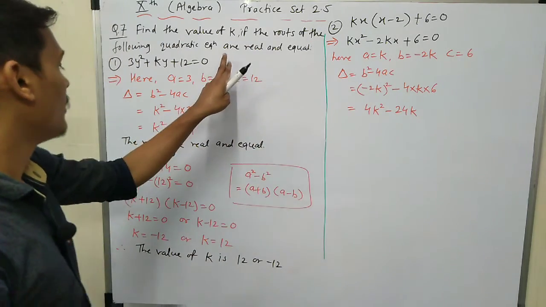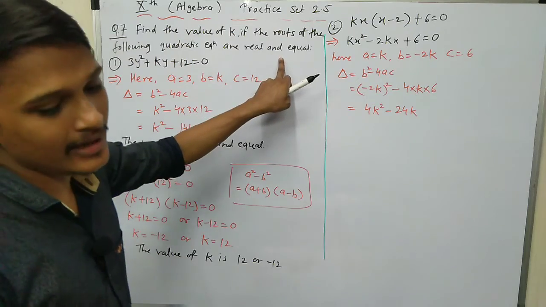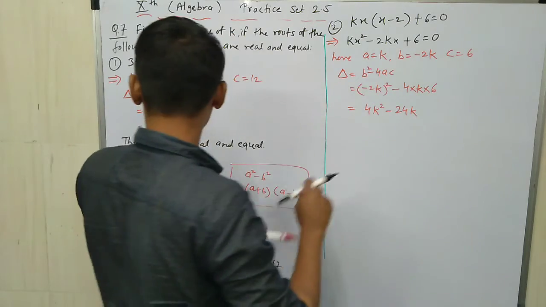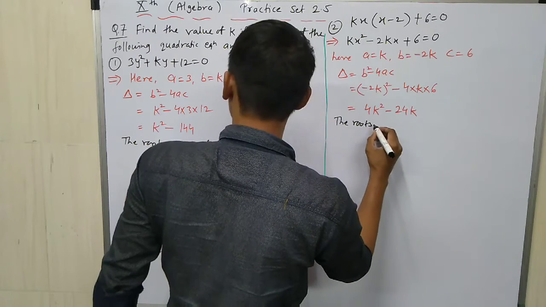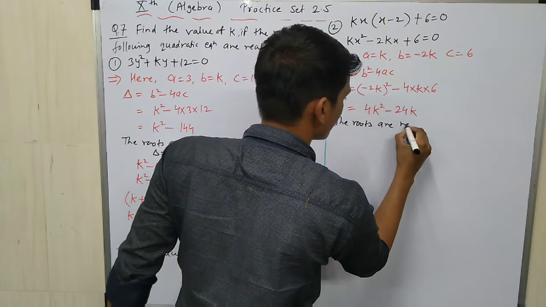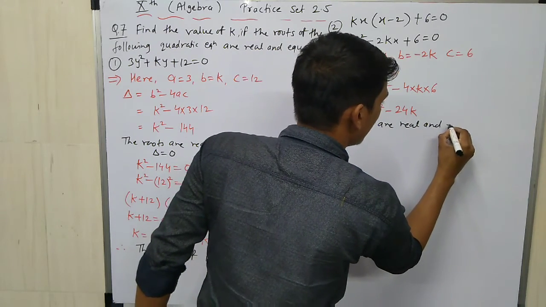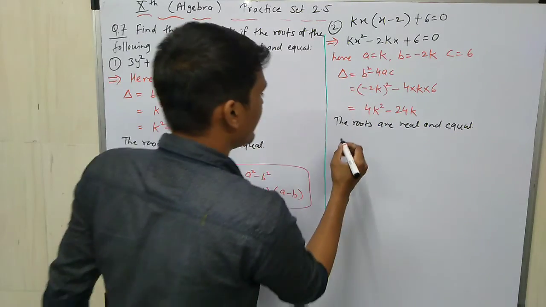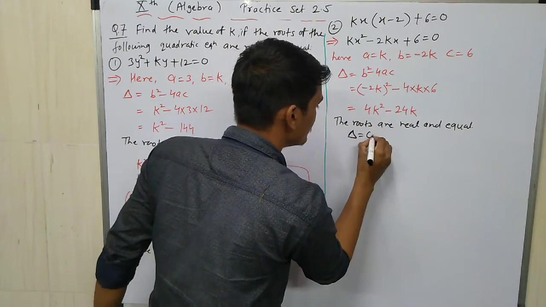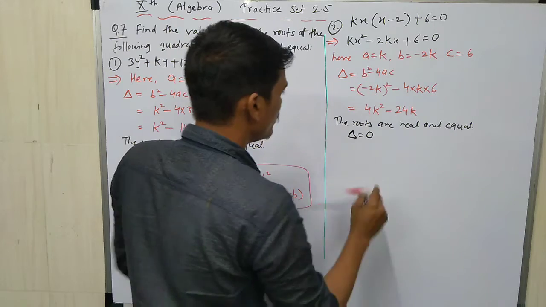Now the roots are real and equal, which means delta is equal to 0.